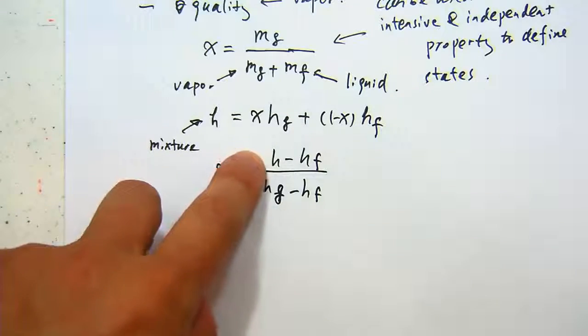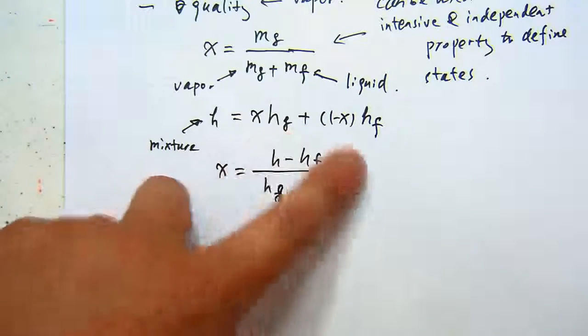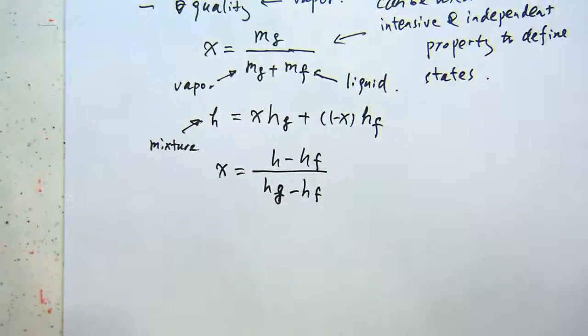So if you calculated the enthalpy of the mixture, then based on this, you can find the quality and then define the state.